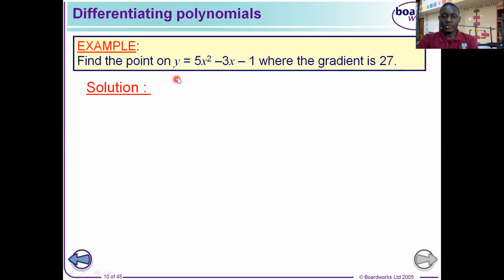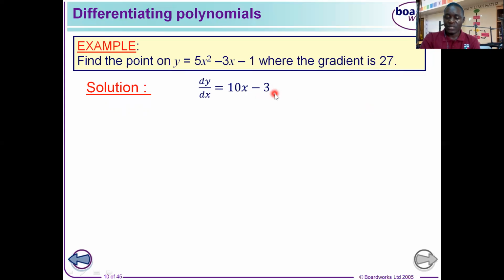Find the point on the curve y equals 5x squared minus 3x minus 1, where the gradient is 27. Again, we are given the gradient. We need to find the point where this curve's gradient can be calculated as 27. So the step again: find the gradient function, dy/dx. So dy/dx in this case will give us 10x minus 3.